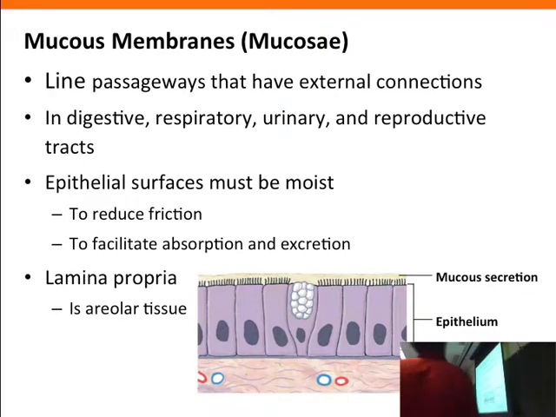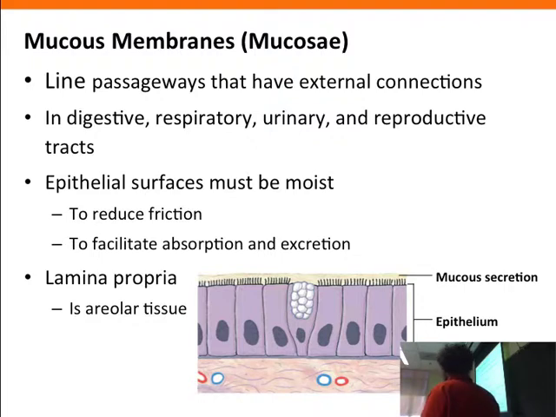Mucous membrane, mucosa. These are lining the passageways that have an opening to the outside world. This includes your entire digestive system, your urinary tract, the reproductive tracts. Those surfaces need to be moist.